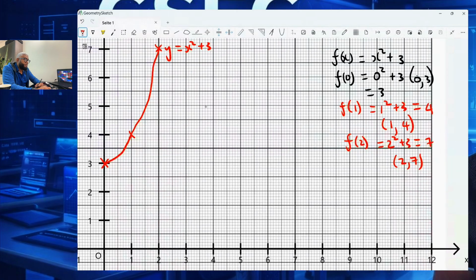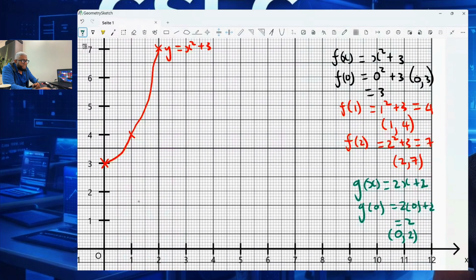Let's plot a few points on g of x now. Right? So g of x was equal to 2x plus 2. So we're going to find g of 0 first, which will be 2 by 0 plus 2. That's going to give me 2. First coordinate here will be 0 on the x and 2 on the y.